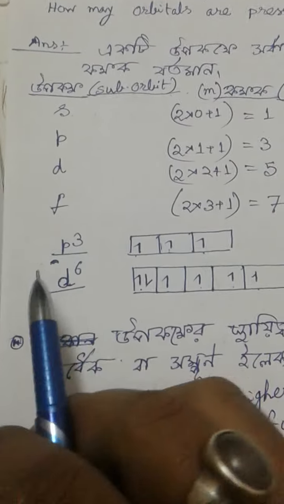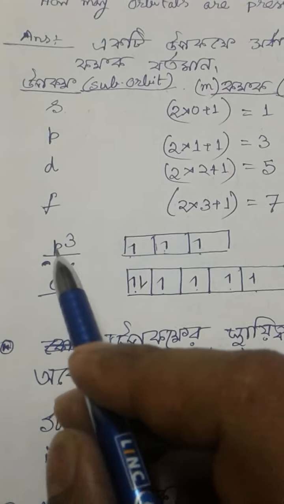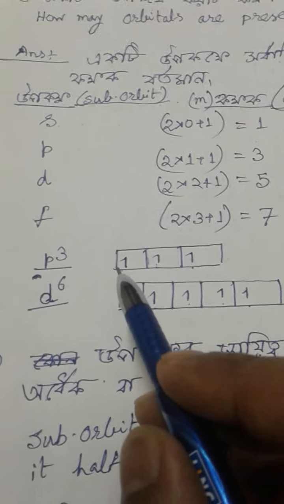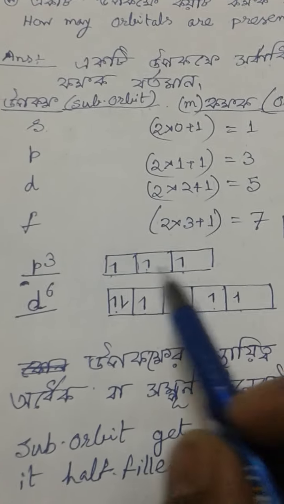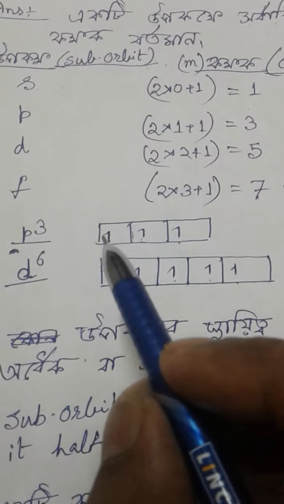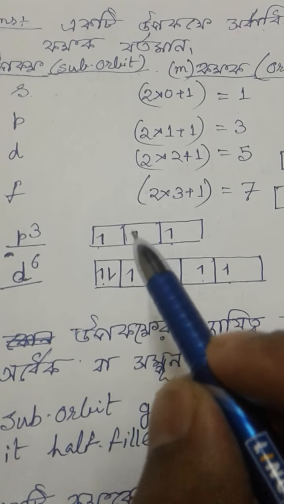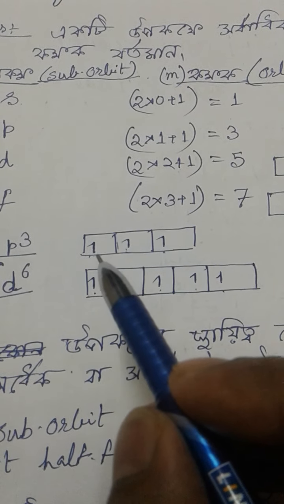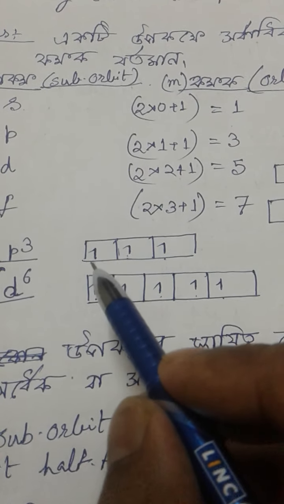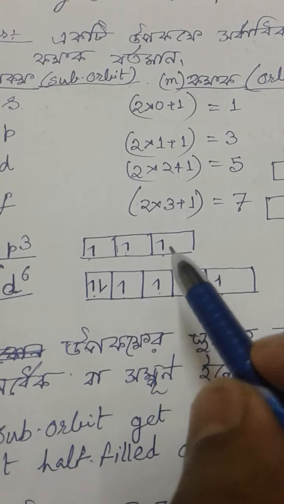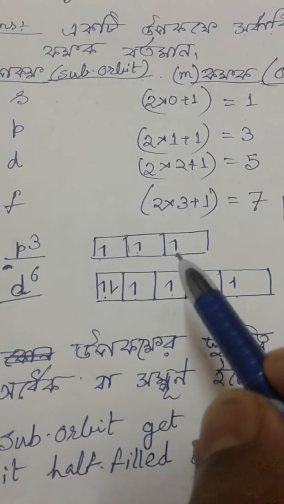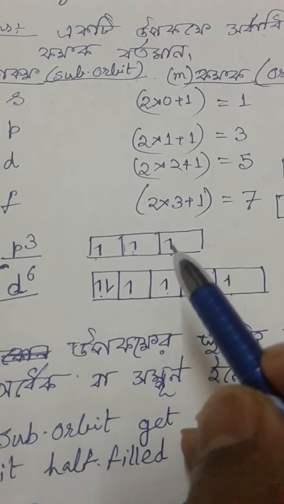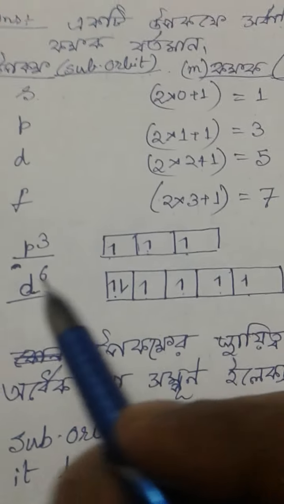Now when I fill electrons in any suborbit following Hund's rule, that is, till the boxes are empty, that is orbitals are empty, the electrons fill singly, that is 1 electron in the first box, 1 electron in the second box, and 1 electron in the third box, and the direction of all electrons is the same.